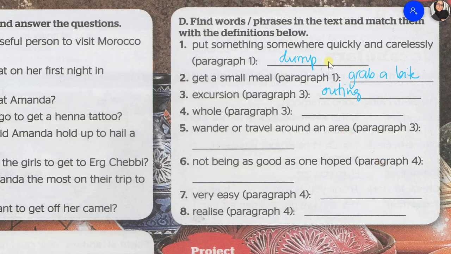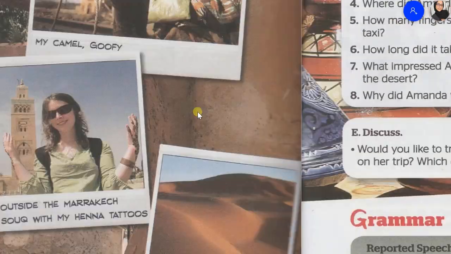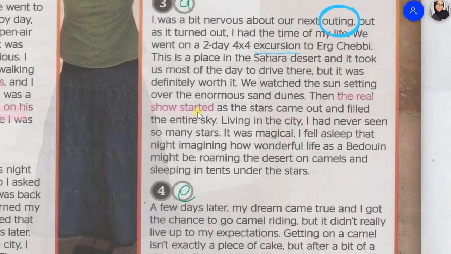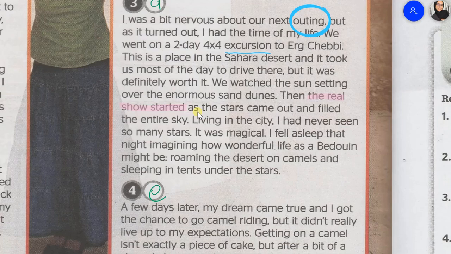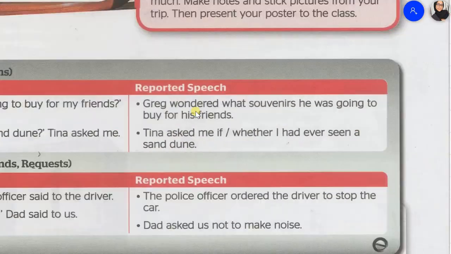Okay, now which word in paragraph 3 means whole? Whole maksudnya keseluruhan. Let's just scan. Keseluruhan, entire, right? Whole sky, the whole sky, entire sky. So it's entire.